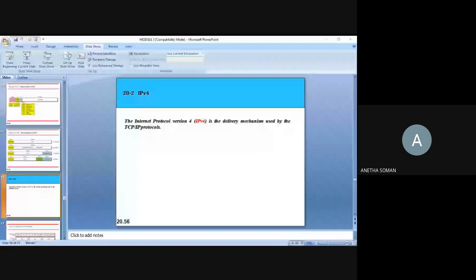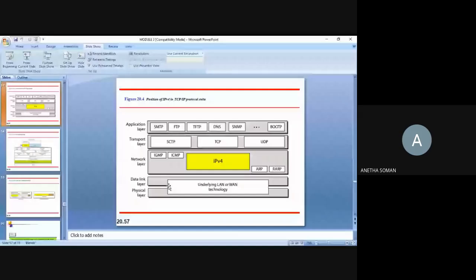Now you can see in the slides. This is the format you have learned in your TCP/IP protocol suite. So IP version 4 was the main protocol, and you have other sub protocols like ARP, RARP, IGMP, and ICMP.